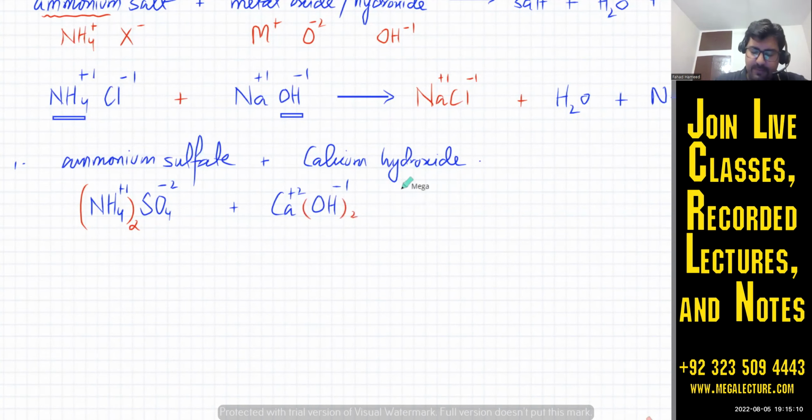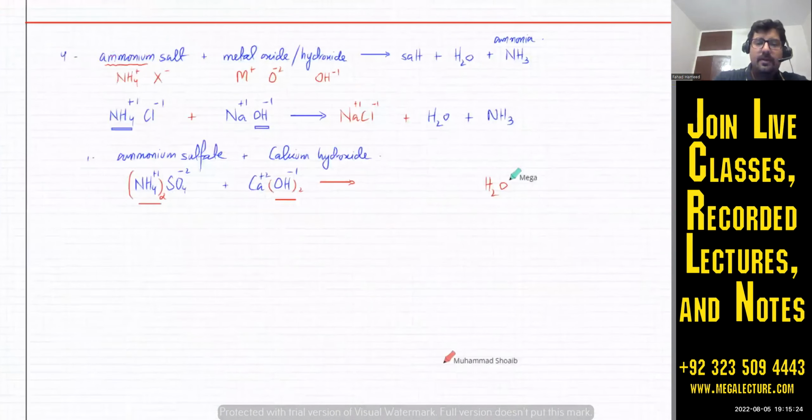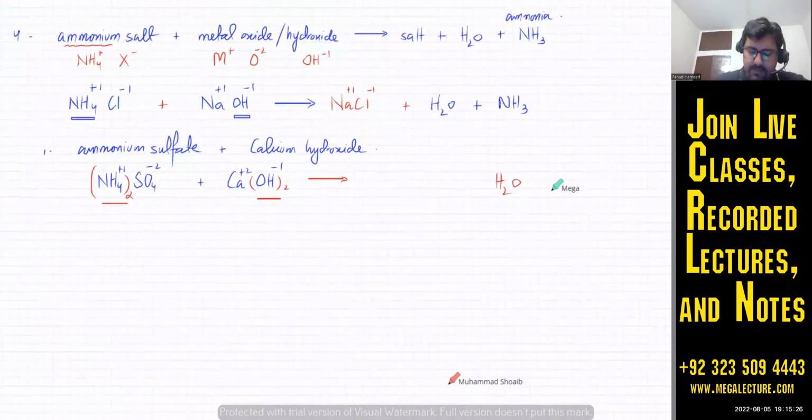So what will be produced? The OH will turn to water, and the ammonium will turn into ammonia. So you'll get water and you're also going to get ammonia. So what will be left behind?